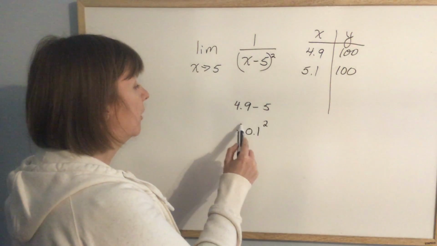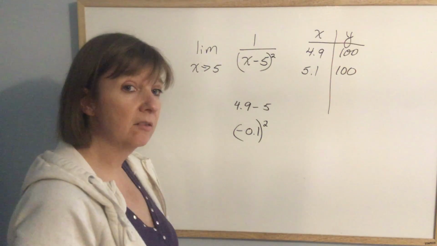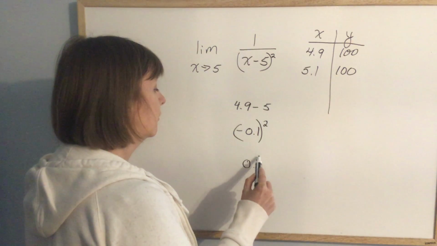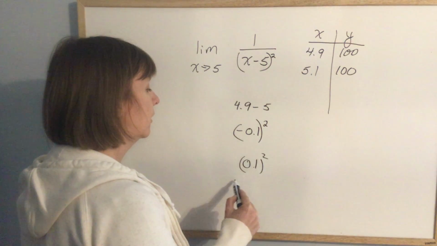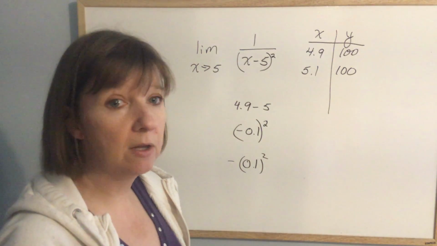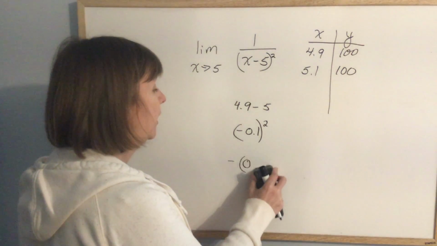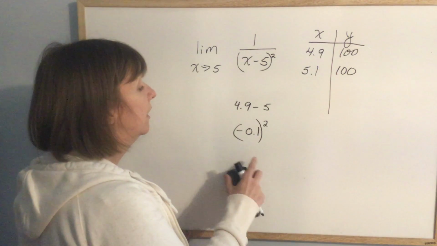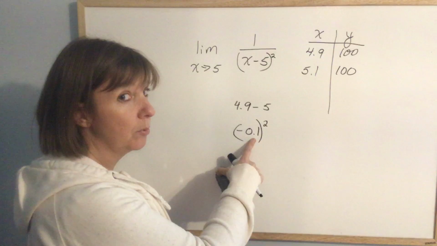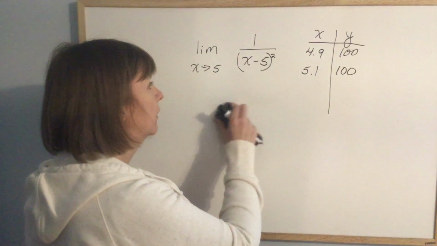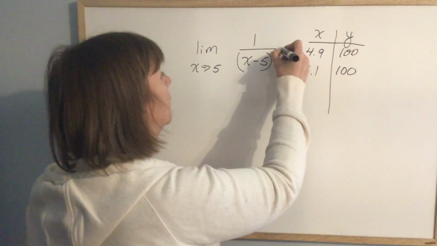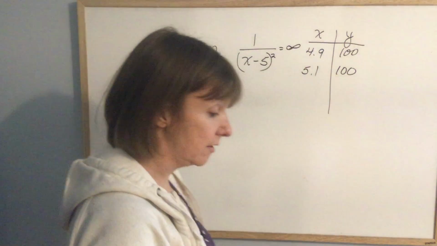If you put a squared on and didn't have brackets, your calculator does 0.1 squared and then puts the negative on, and you don't want that. You have to make sure your calculator squares not only the 0.1 but also the negative. All right, so because both sides approach a large number, my limit is infinity.